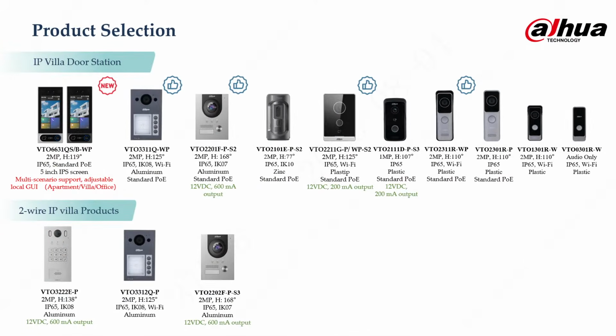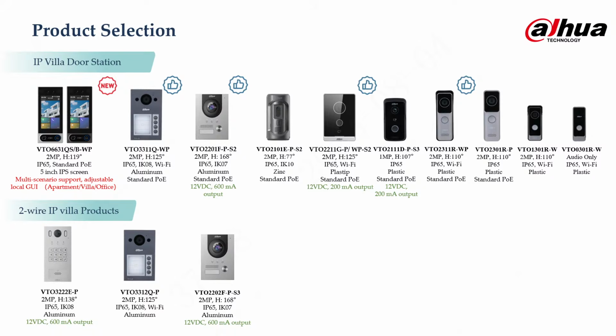Okay, let's have a quick overview of IP Villa VTO devices. As you can see, most of the VTOs have only one button, but there are some VTOs which have more than one button, like VTO 3311, which offers you 4 buttons maximum.